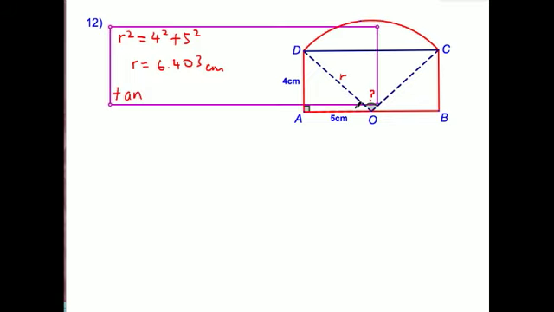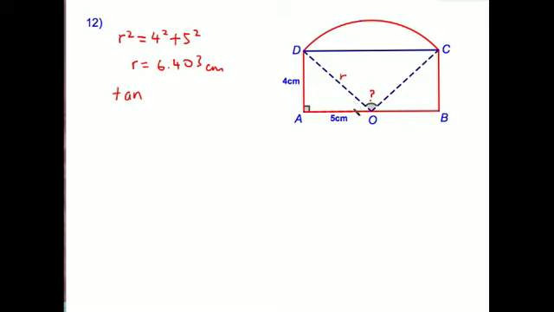We first find the tangent of the angle here, 4/5, and the angle is found.